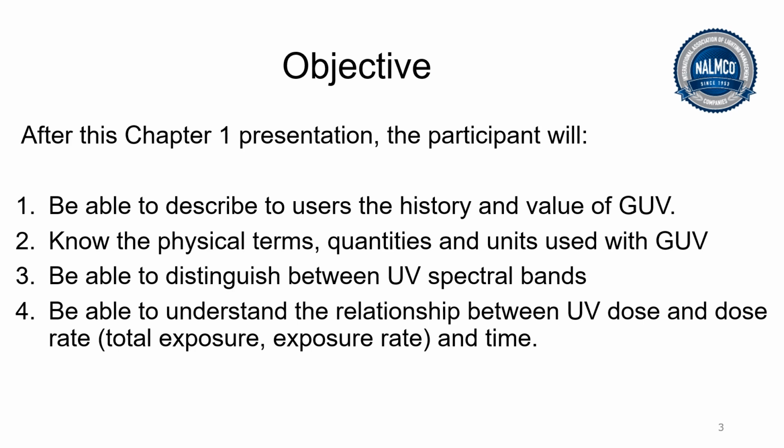It's important, we think, for you to be able to distinguish between ultraviolet spectral bands, UVA, UVB, and UVC, as we'll chat about in a minute. And we think it's important for you to understand the relationship between UV dose and dose rate, that is, the total exposure and the exposure rate, and time of exposure is very important.